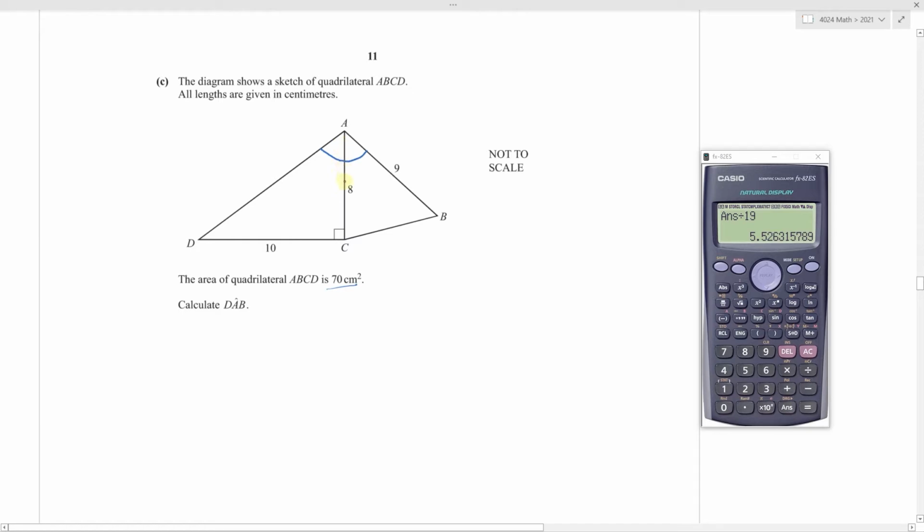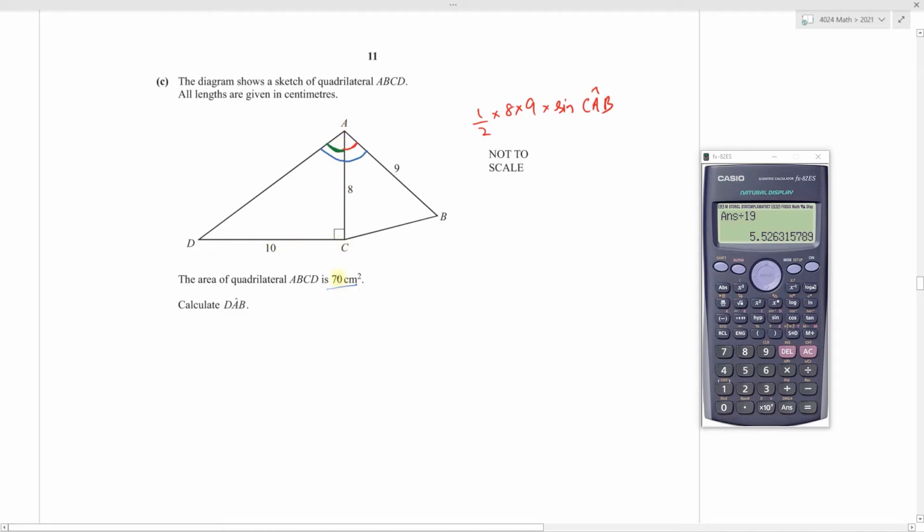I can easily find this area because this is a right angle triangle. For this triangle, I need this angle here. I know these two sides. If I can find the angle between them, I can use the formula 1 by 2 into 8 into 9 into sine of this angle CAB. This will give me the area. And I can also easily calculate this angle here because this is a right angle triangle.